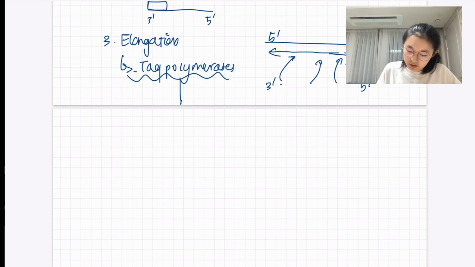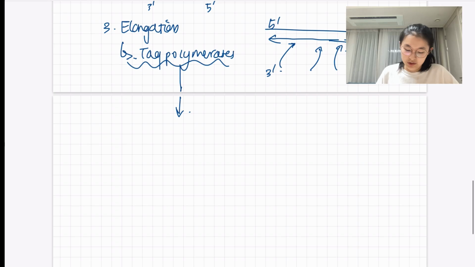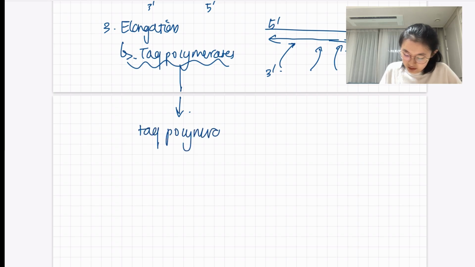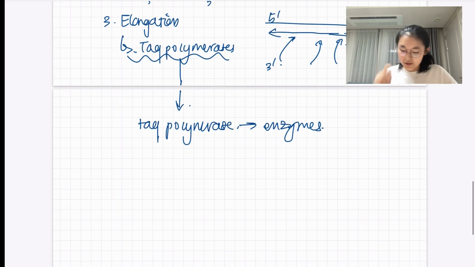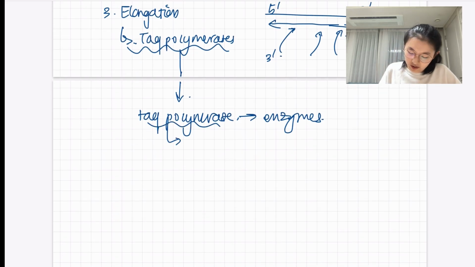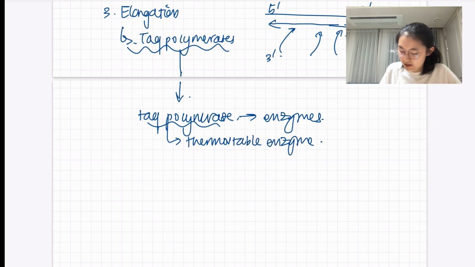To explain a little bit more about what Taq polymerases are: they are essentially enzymes, and they are thermostable enzymes. They have been derived from the bacteria Thermus aquaticus, which are bacteria that have been living in hot springs at very high temperatures.